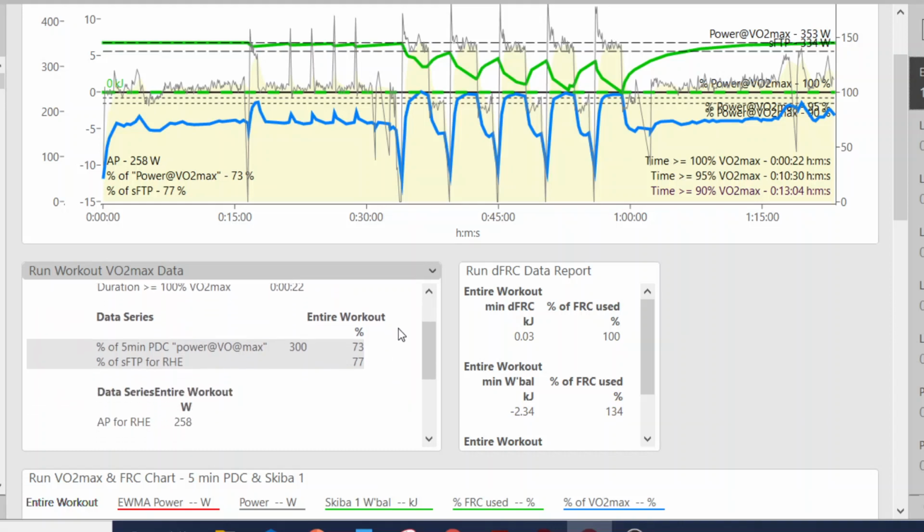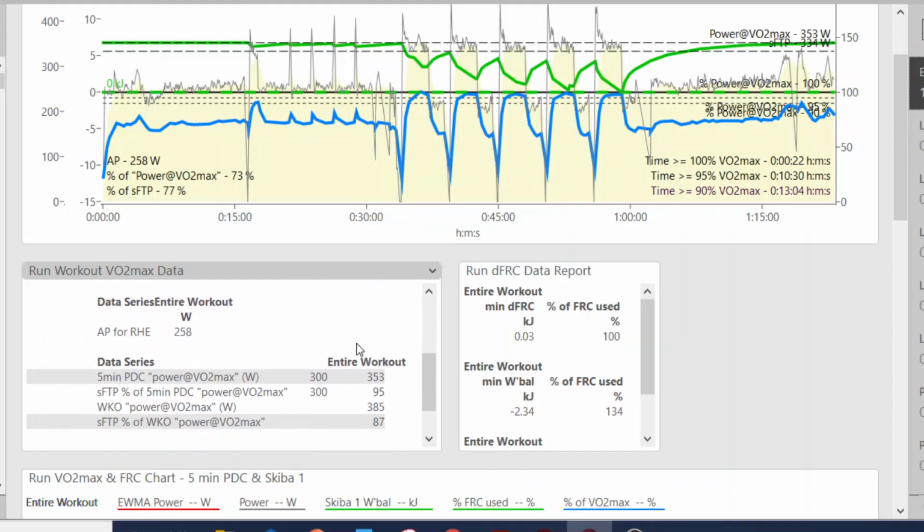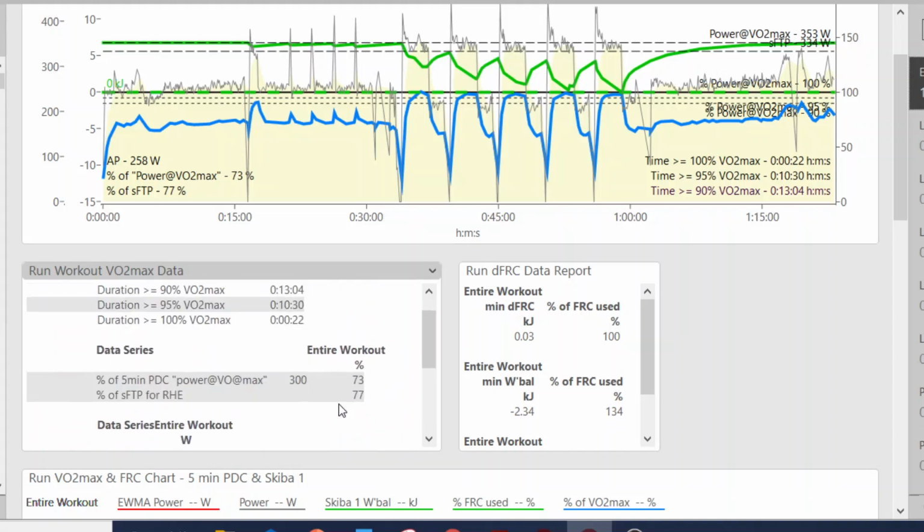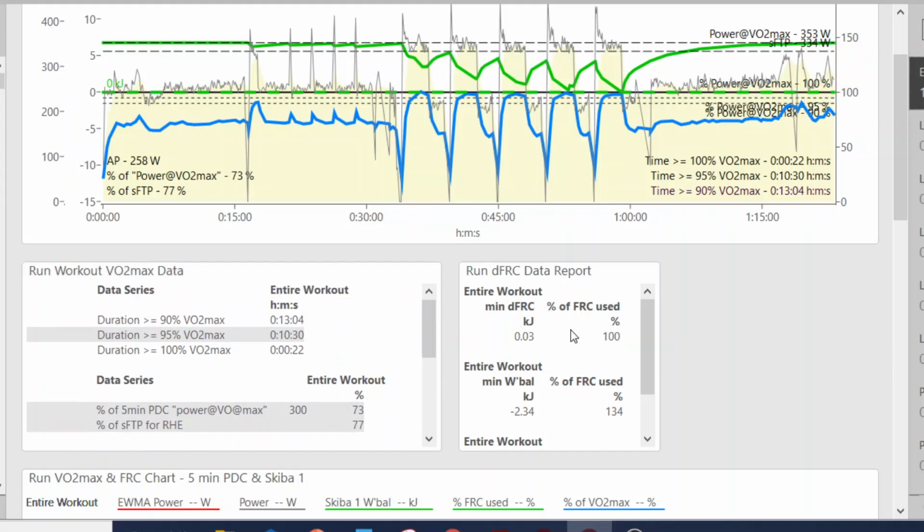The report has some other features that I'm not going to go into at this point in time. And then it also has this little report that tells you during a particular workout what was the lowest FRC, how much of the FRC was used.